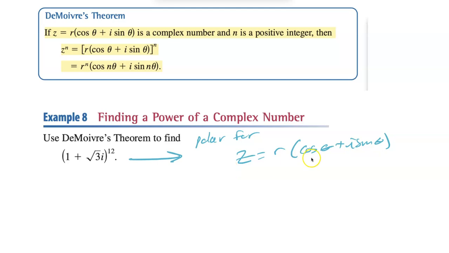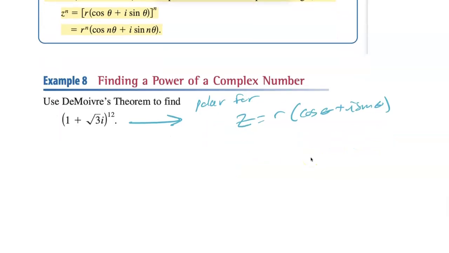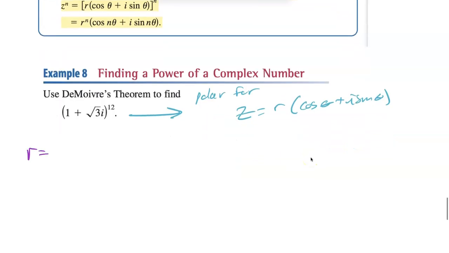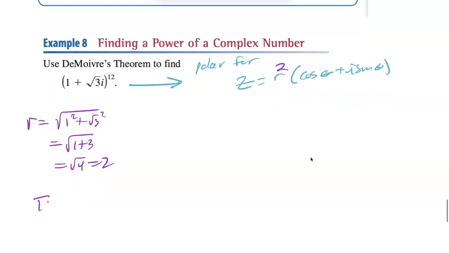If I want to transfer this, I need 2 things. I need r, which is the square root of 1 squared plus radical 3 squared. So 1 plus 3, which is square root of 4, which is 2. And I need the angle. Tan of theta equals b over a, so radical 3 over 1.